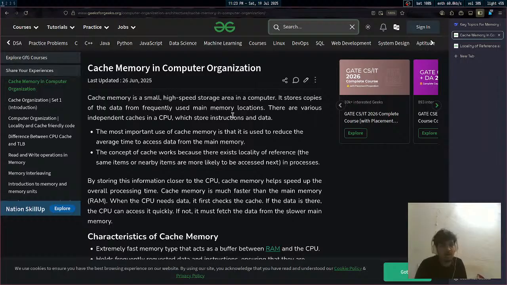So I think I should write it that way. Stores copies, yeah, that will explain itself. Stores copies. Works on presumption, is that what you call?